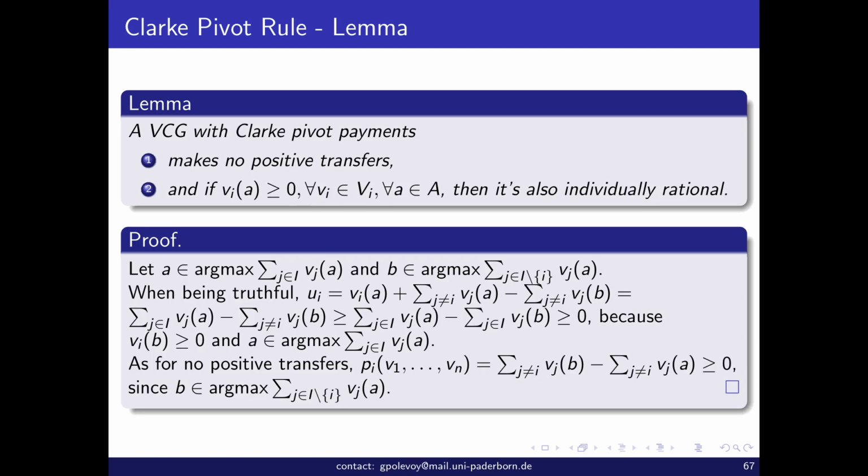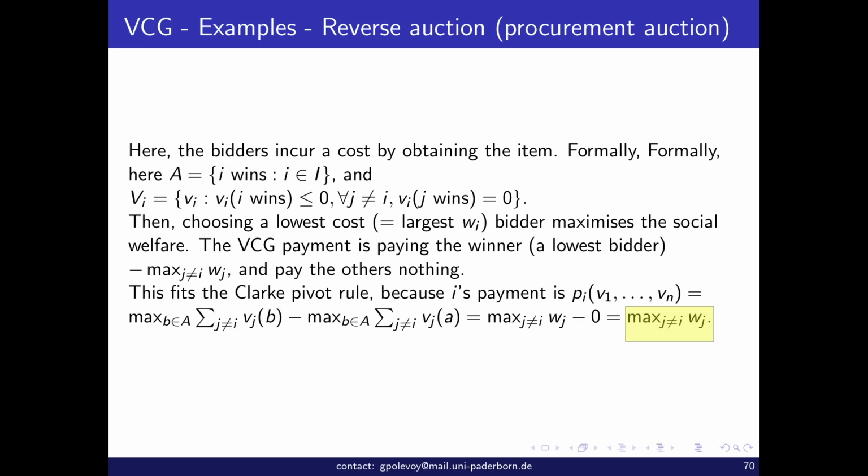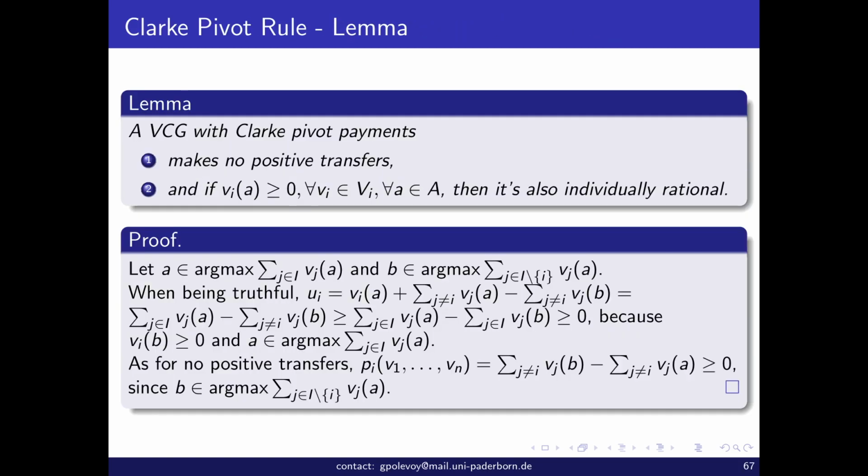Actually, no, that's no positive transfer. One second, please. So that does not have to be individually rational because we don't assume non-negative values, but the positive transfer has to hold. So the payment needs to be non-negative.